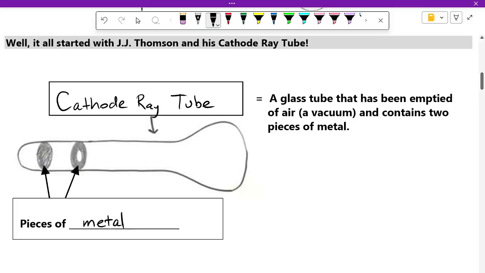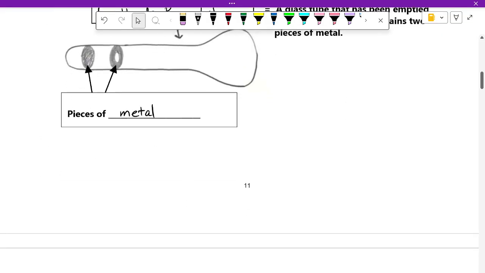What is the cathode ray tube made of? It's made of glass, and they sucked all the air out of it. So there's nothing in that tube. There's no air, no nothing, just the two pieces of metal.